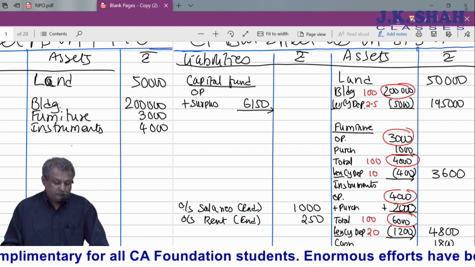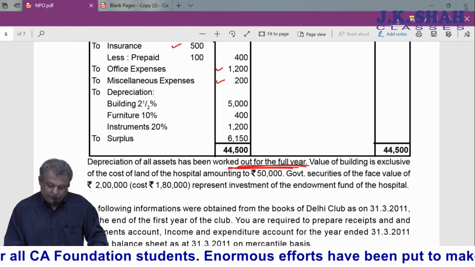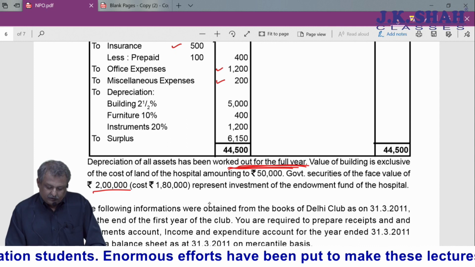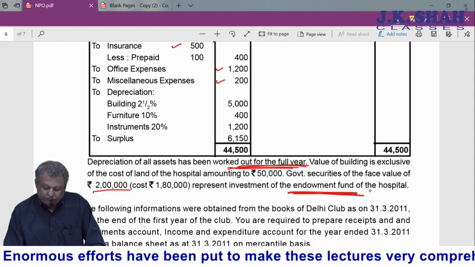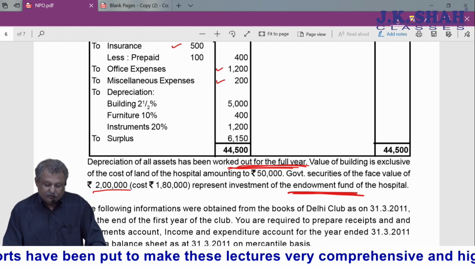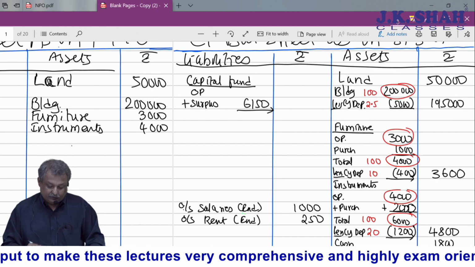Then, lastly, government securities of face value 2 lakhs represented investment of endowment fund. It means if there is investment, there is a fund also, just like that we did in the last question.